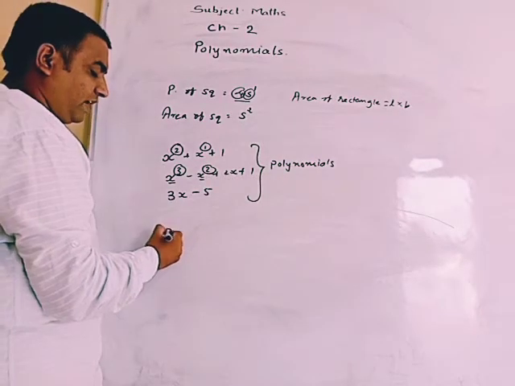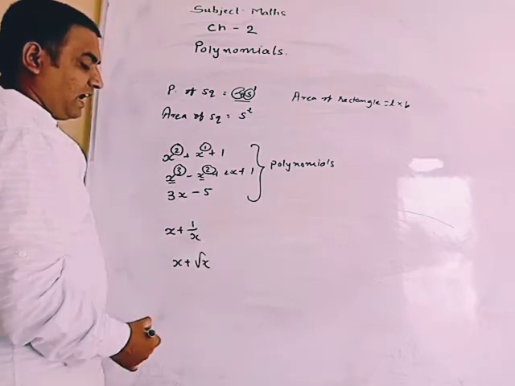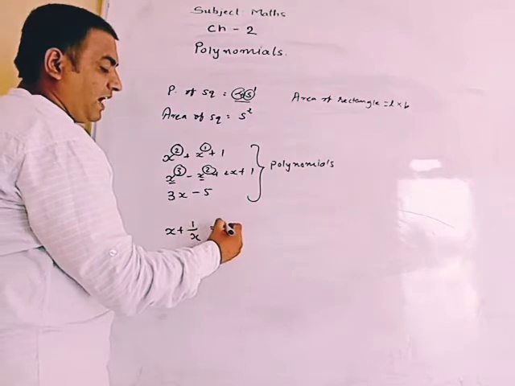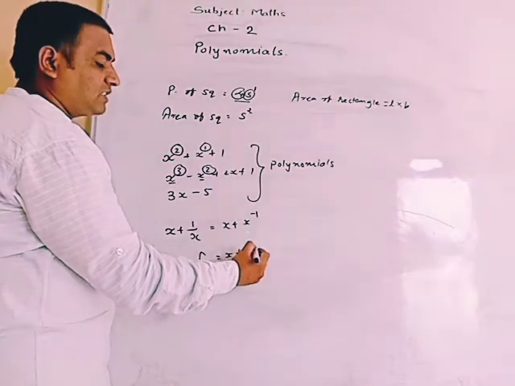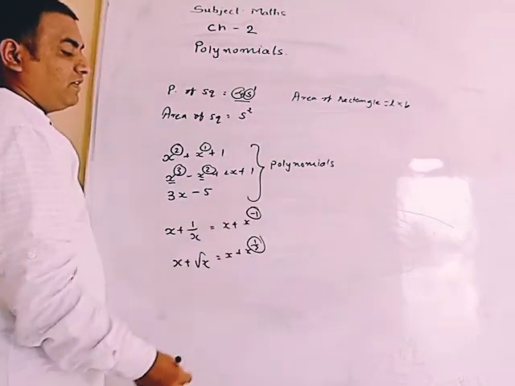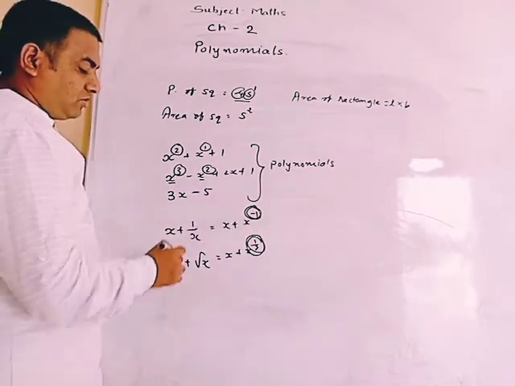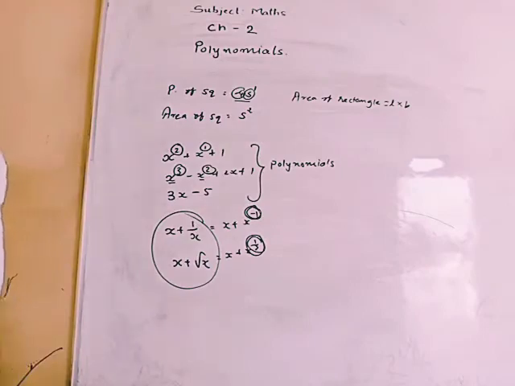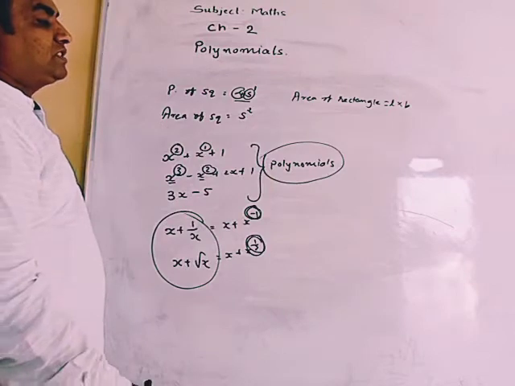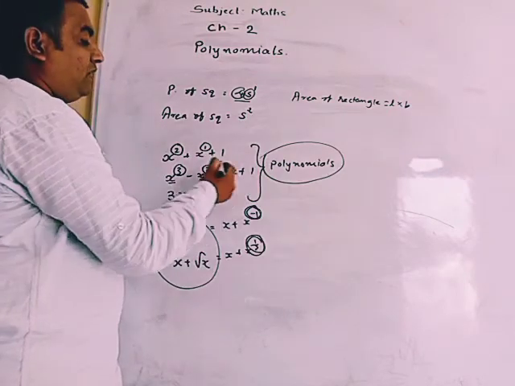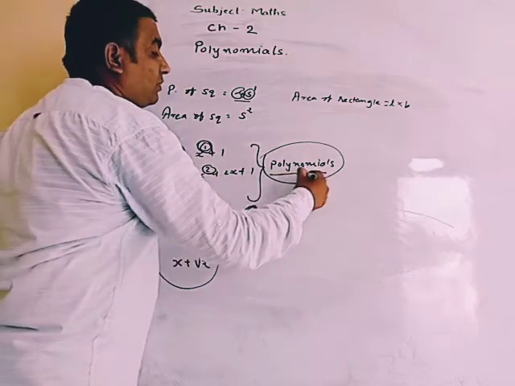But if we think x plus 1 by x, x plus root x are polynomials, then we can see that x plus 1 by x means x to the power minus 1. Here x plus x to the power 1 by 2. So these powers are not whole numbers, and so these expressions are not polynomials. So a polynomial means an algebraic expression whose variable powers are whole numbers.